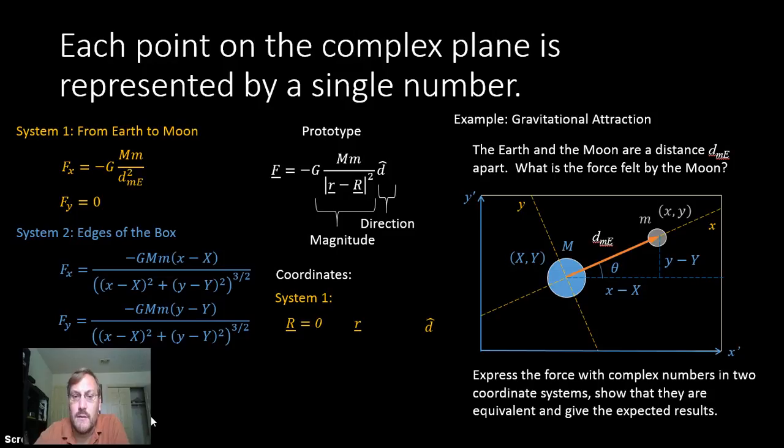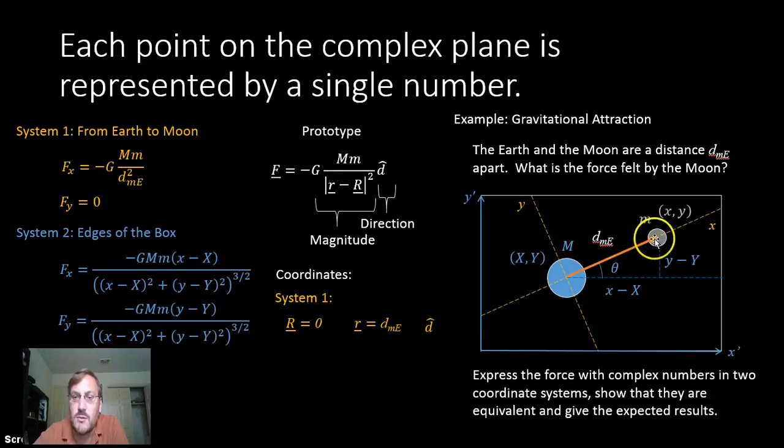So here I have my r equals 0, because the position of the sun is right there in the center of my xy coordinate system, and over here my little r is right there, right?